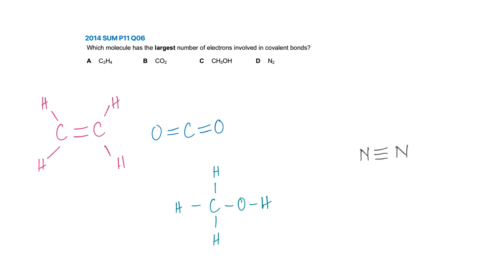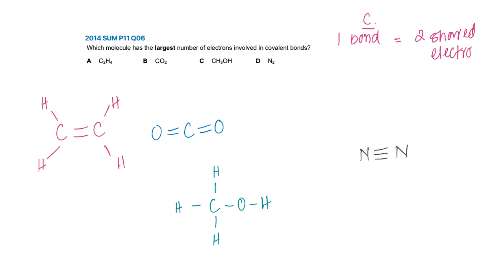Which molecule has the largest number of electrons involved in a covalent bond? So one covalent bond, if you want to do the math real quick, this is how you do it. One covalent bond is 2 shared electrons.